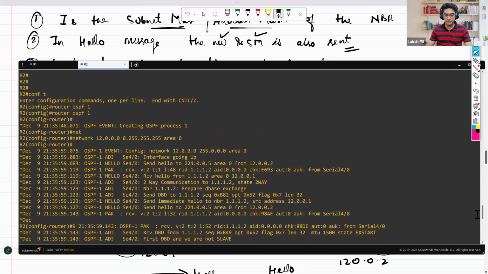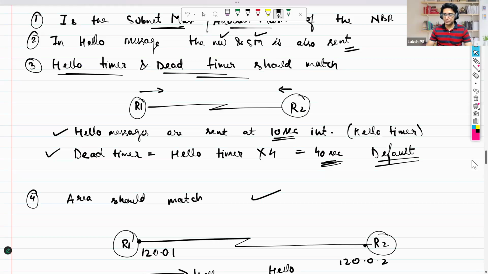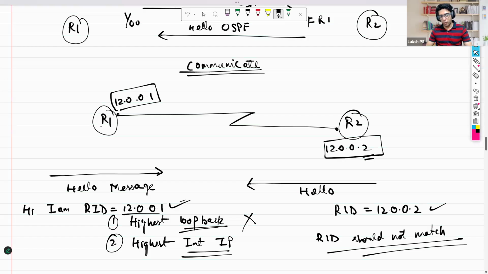Now let us go back to our understanding of things. We configured OSPF on R1, then we configured OSPF on R2. We know that the moment we configure OSPF on R1 and R2, they will send hello messages to each other. And in those hello messages, what information is sent?